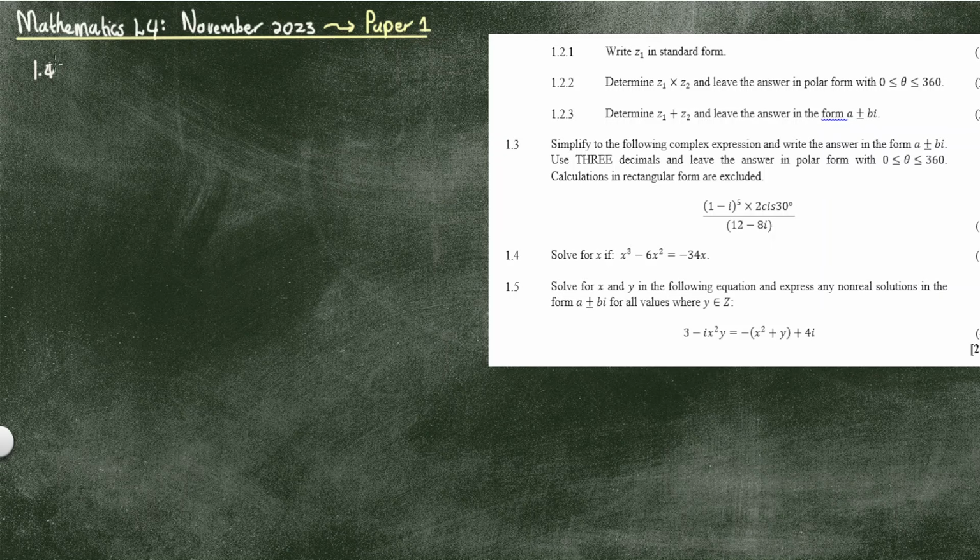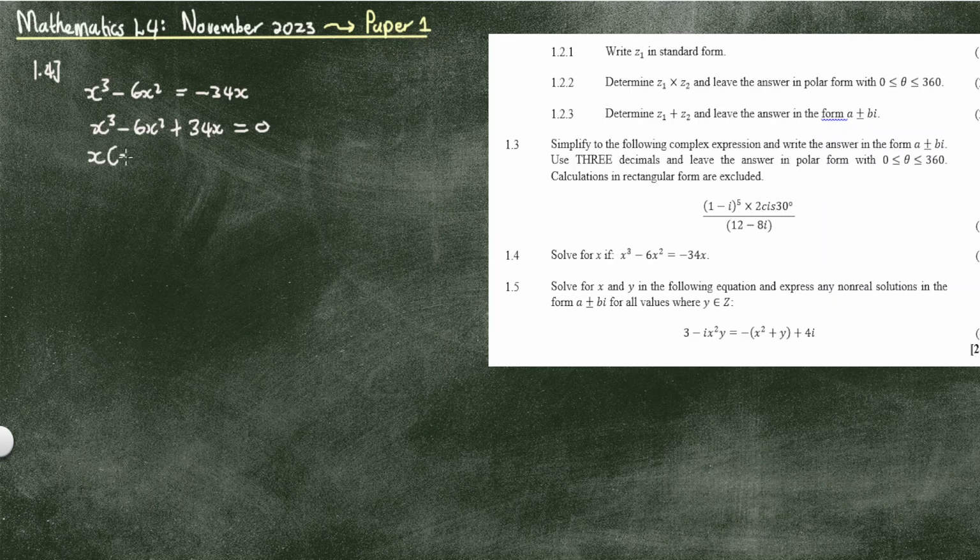So 1.4, they want us to solve for x if the equation is given as x cubed minus 6x squared equal to minus 34x. Transposing: x cubed minus 6x squared plus 34x equal to 0. Okay, so x here is a common factor.